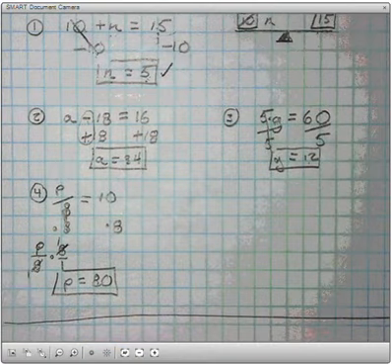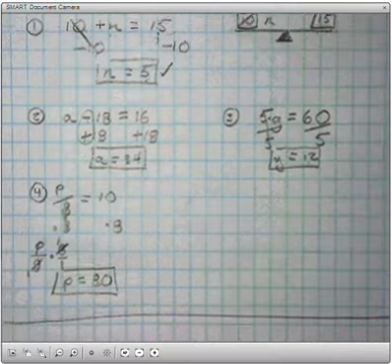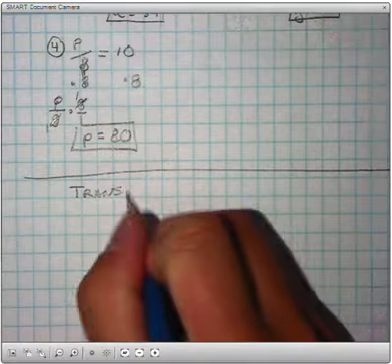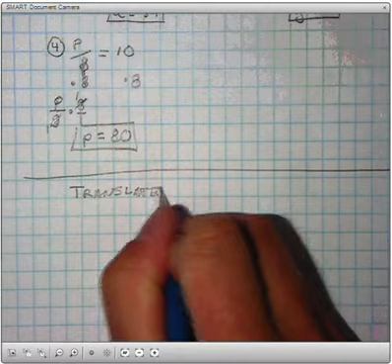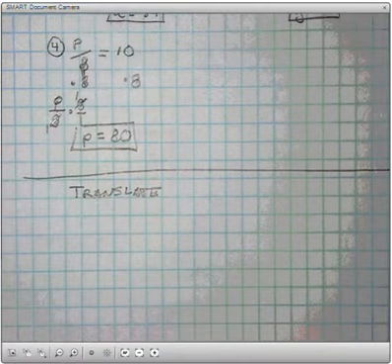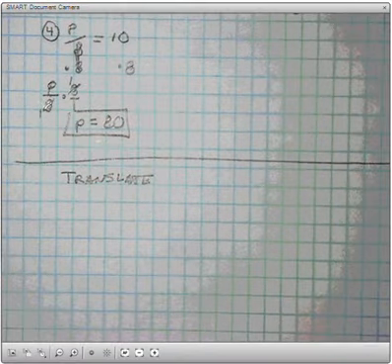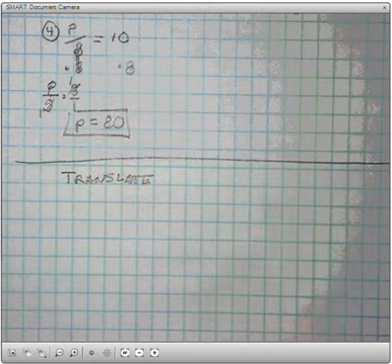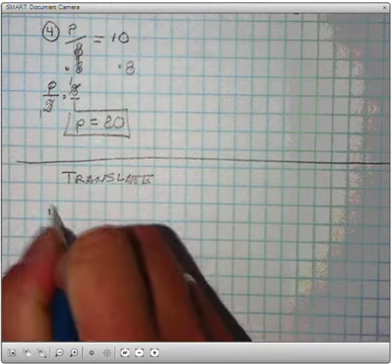That is the equations part of it, but we're also going to be extending that. Just like we did last week with expressions, we're actually going to be doing a little bit of translating. Let's translate a couple different examples.